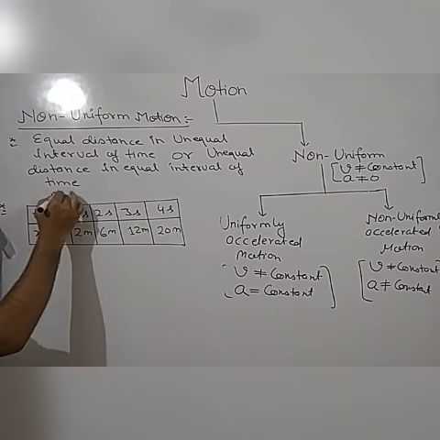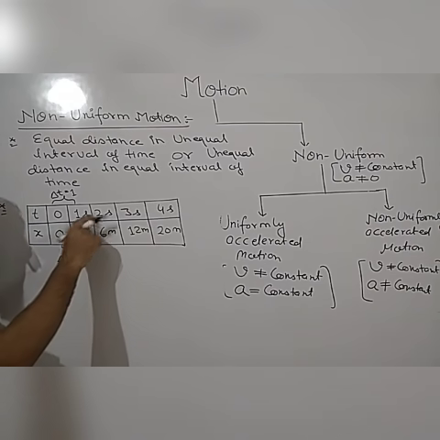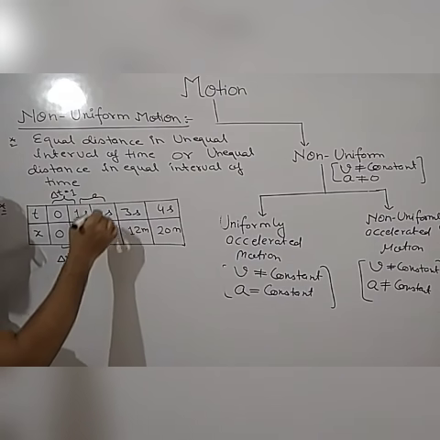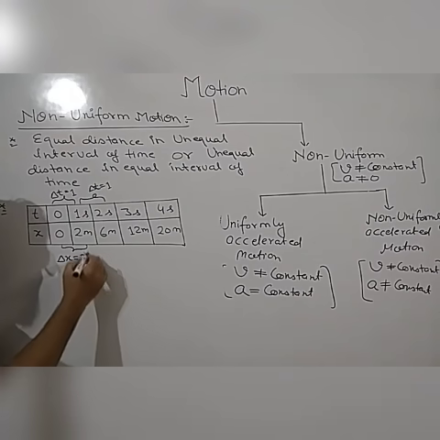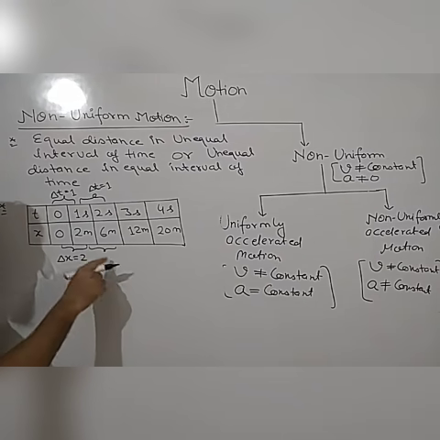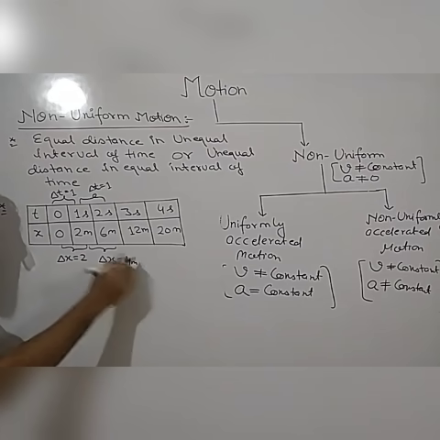What is delta t? Time interval is 1 second, and what is the change in position or the displacement? It is 2 meter. Now for 1 to 2 second, delta t will be equal to 1, and for 2 to 6 meter, what will be the value of delta x? It will be 4 meter, 6 minus 2.